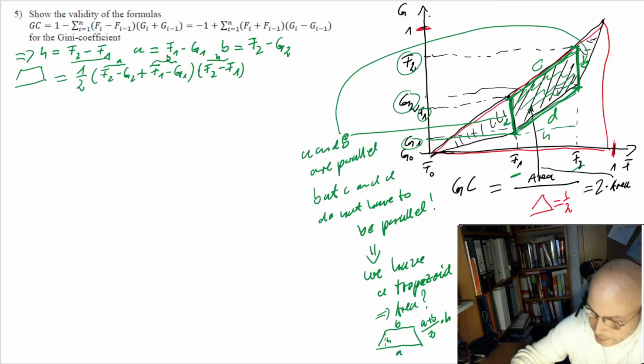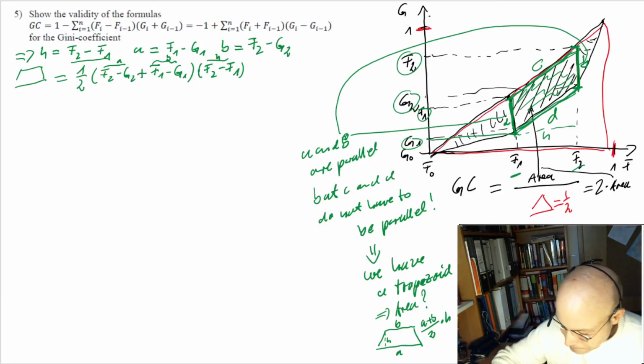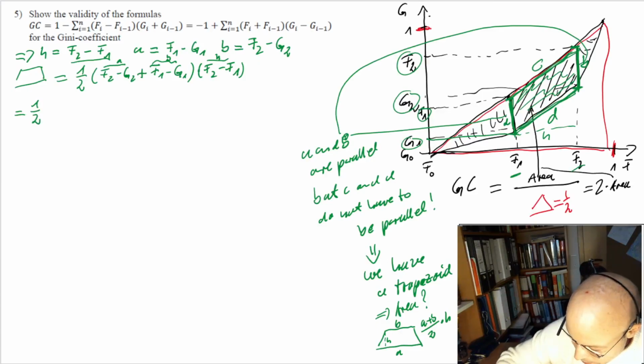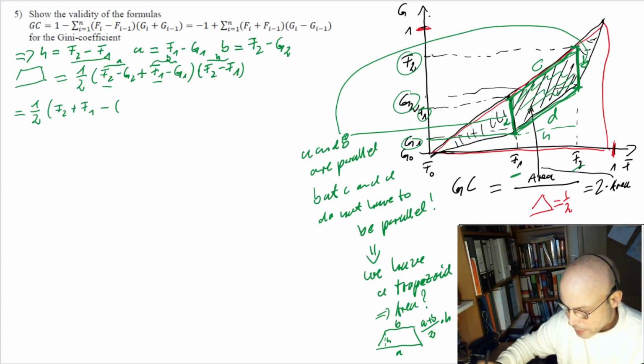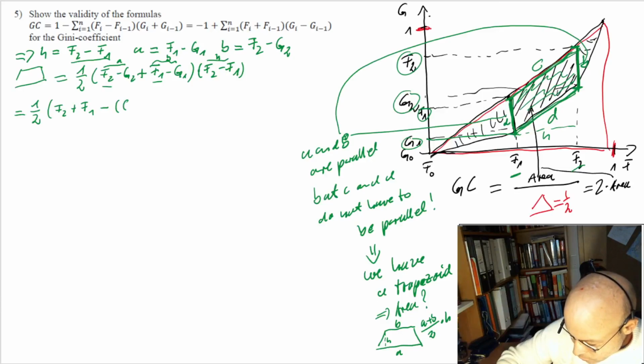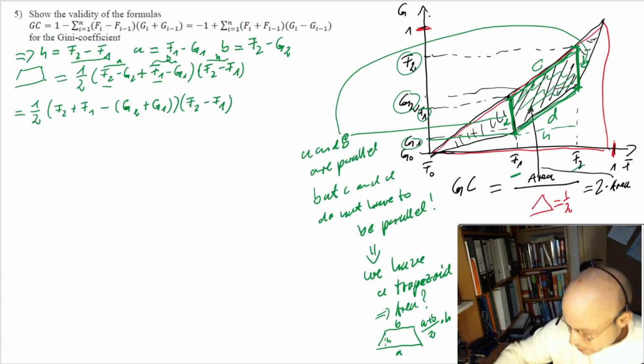And then let's write this in another way. So this is 1/2 times F2 plus F1 minus, open the bracket, G2 plus G1, times H, F2 minus F1.